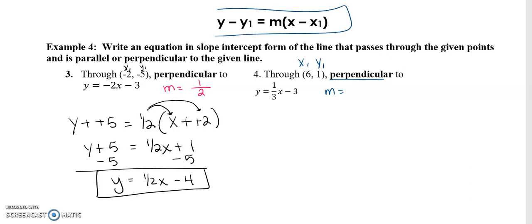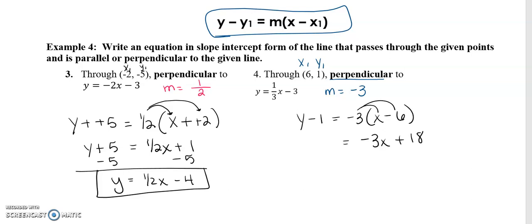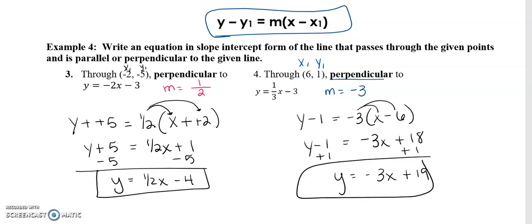And then plug it into point slope form, and here's your point. And double check that you got y equals -3x plus 19.